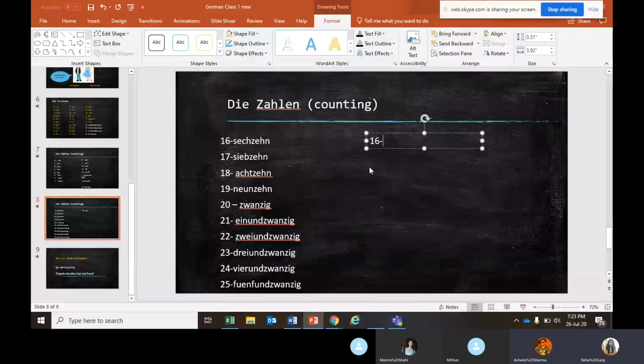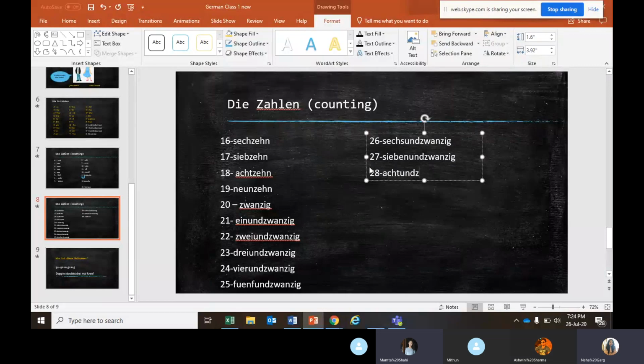We would be writing complete sechs here, not only sech. 27 would be sieben und zwanzig. 28 would be 8 und 20.